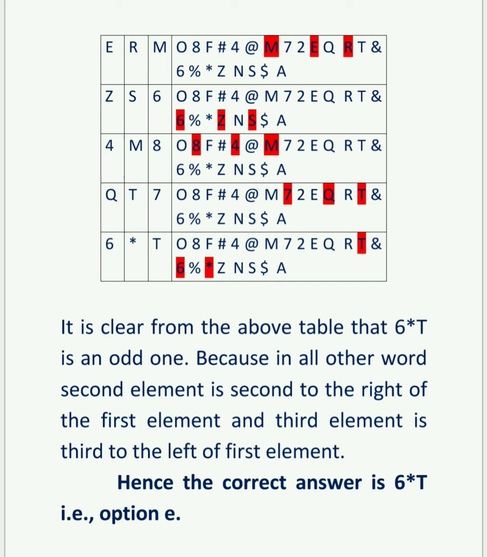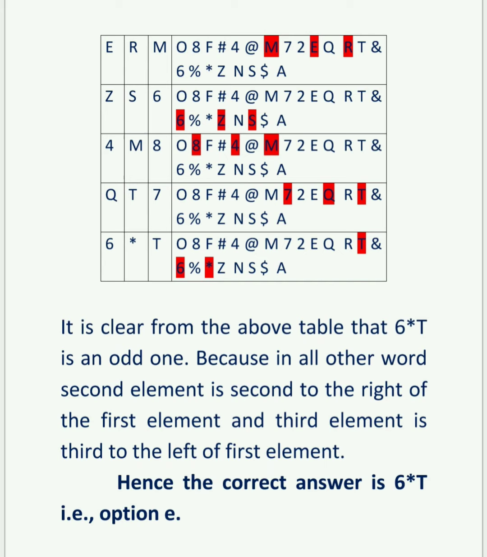M is the third left to E, R is the second right to E. In EZS6, S is the third left to Z, and 6 is the second right to Z. M is the third left to 4 and 8 is the second right to 4.